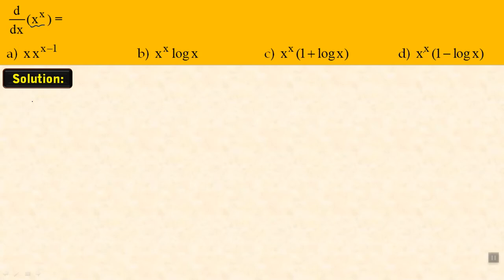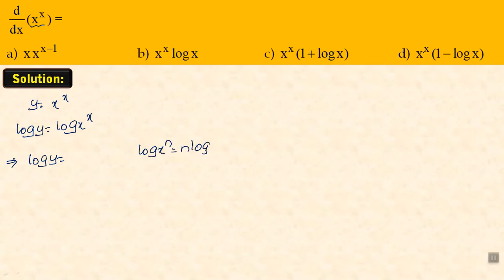Here let y is equals to x power x. Taking log on both sides, we get log y is equals to log of x power x. This implies log y is equals to, we know that log x power n is equals to n into log x. So here x into log x.